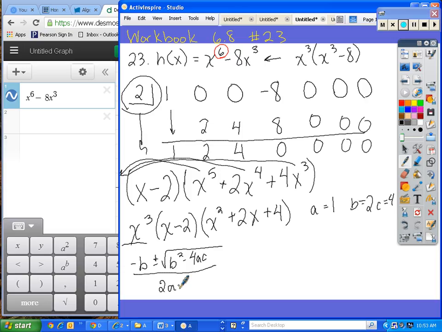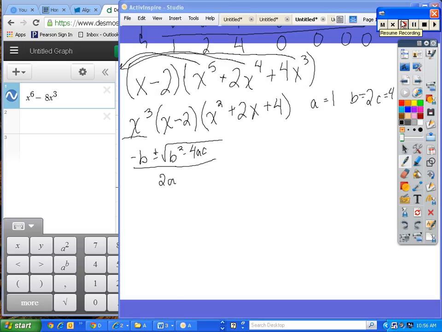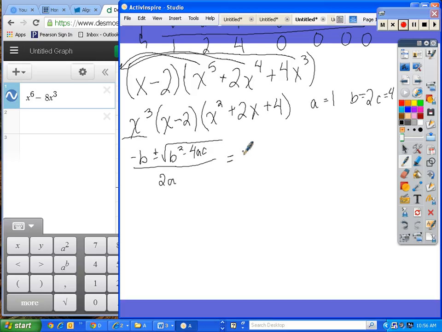So let's plug this in: the opposite of B plus or minus the square root of B squared, which is 2 squared, minus 4 times A times C, all divided by 2.